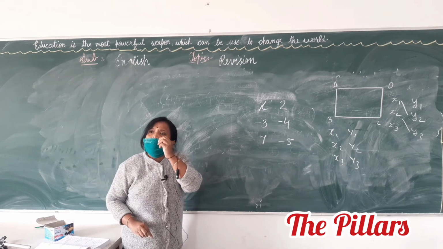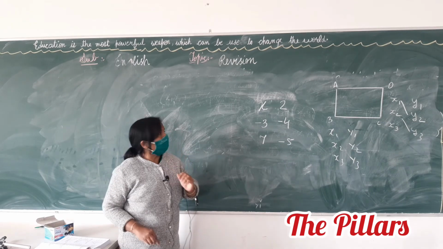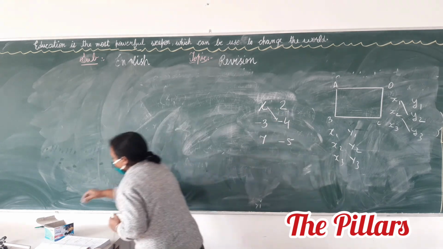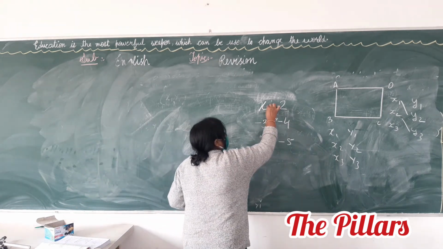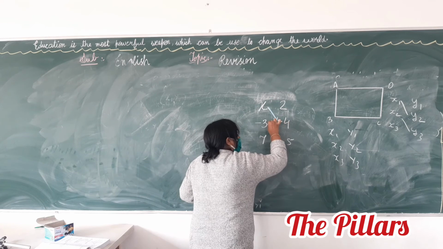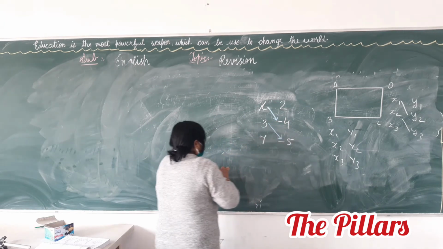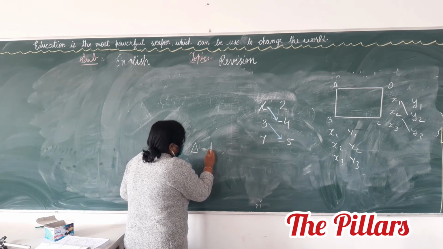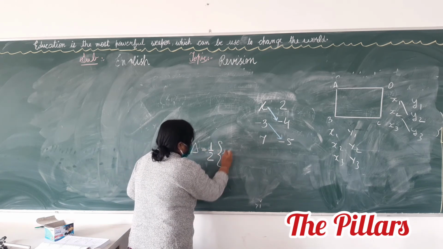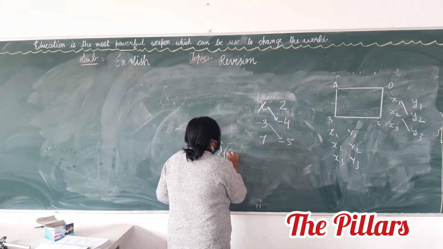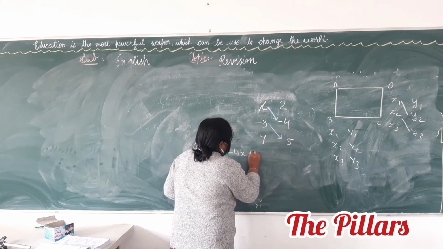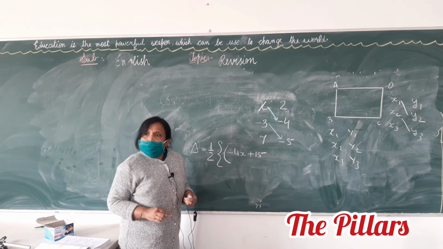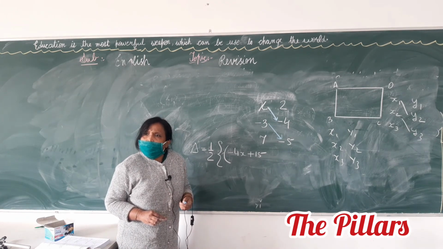Start multiplying. From where? From here to here. Here to here. And here to here first. And how do you write? Delta is equal to half of what? Start. This is minus 4x and plus 15. What is remaining? Minus 14 or plus 14?